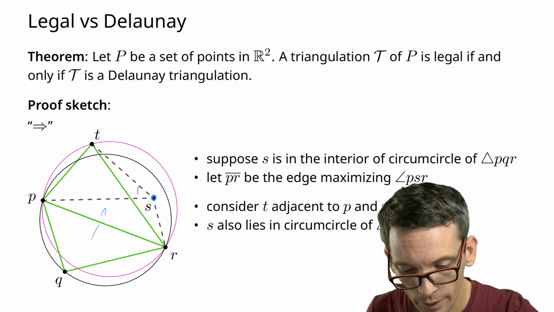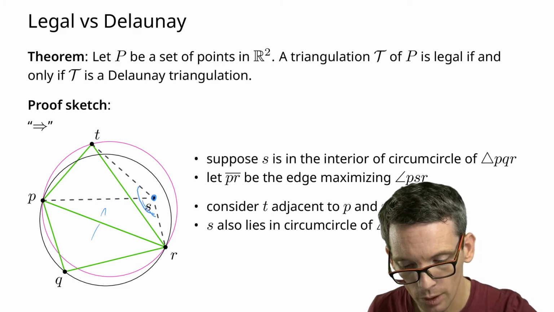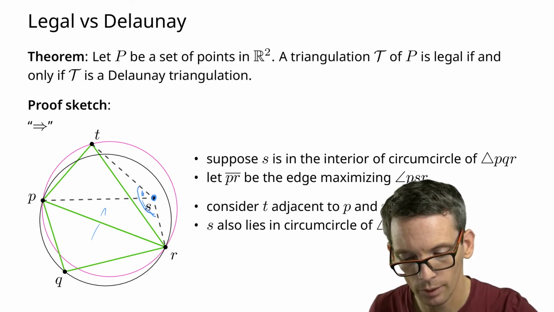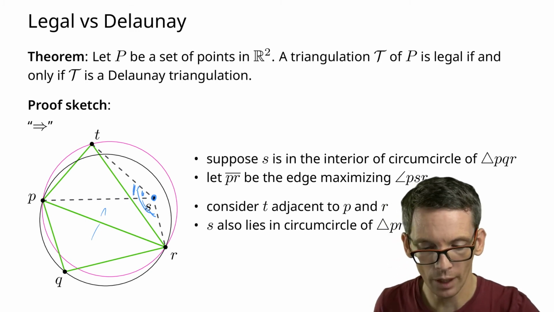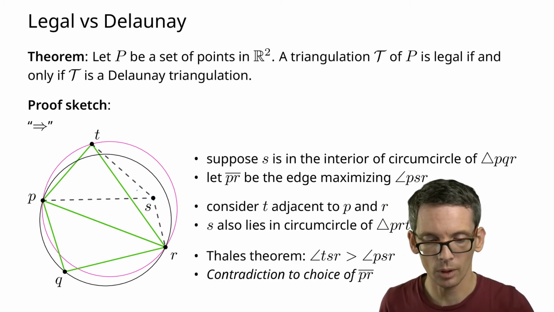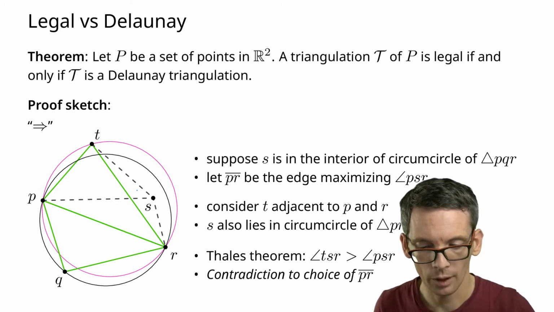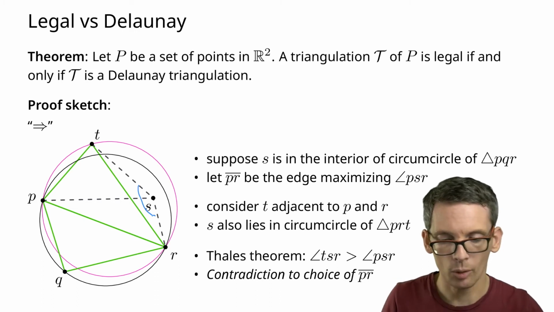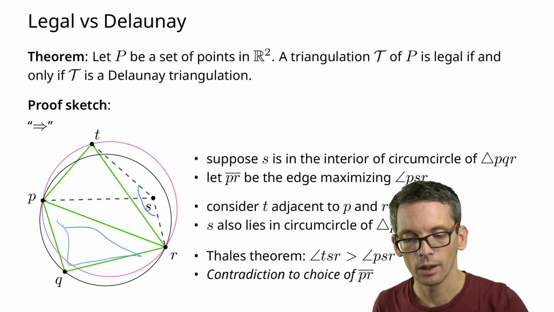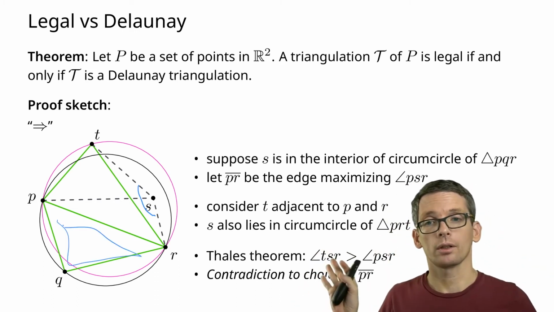If I take now this angle, it is this angle plus that angle. I need to show that that is a positive angle, but I can use Thales' theorem to observe that. So I know this angle is even bigger, contradicting our initial assumption of how we picked this triangle. In conclusion, this cannot happen.